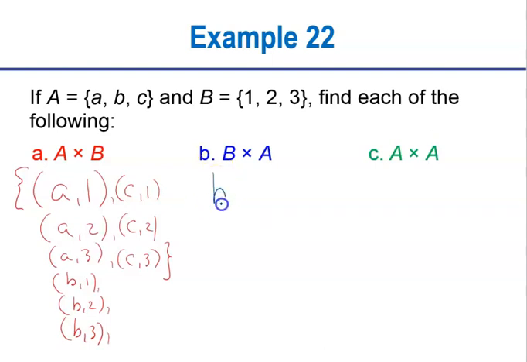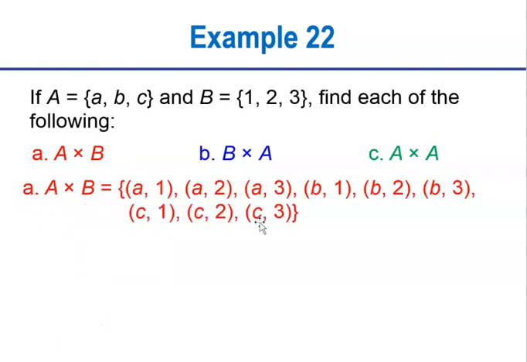So B, let's do this in a method that we should. This is a set of values. B cross A, so B comes first. Look, I got it typed up for you. Notice A cross B: I have my curly braces to represent a set, commas between all the elements, and the elements in the set are ordered pairs.